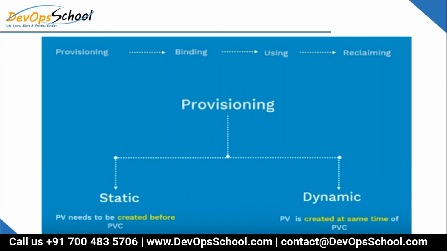Guys, there are two approaches: one is static provisioning, and one is dynamic provisioning. In order to use any volumes beyond the pod lifecycle, you have to follow four processes: provisioning, binding, using, reclaiming.